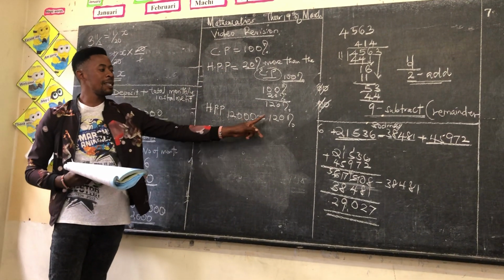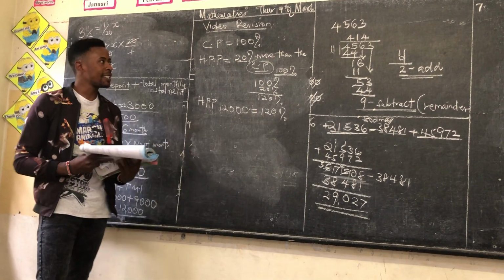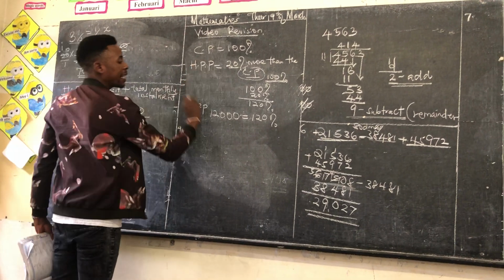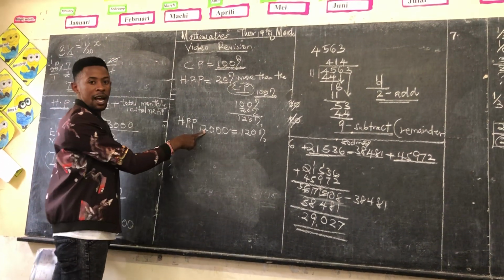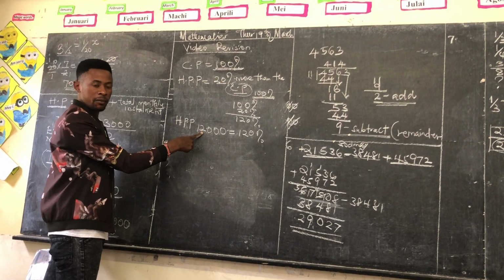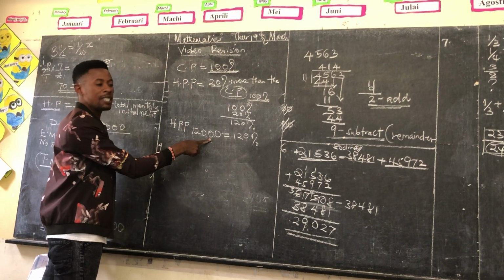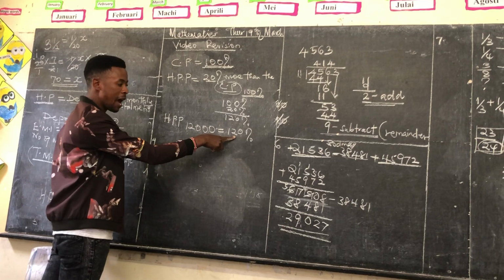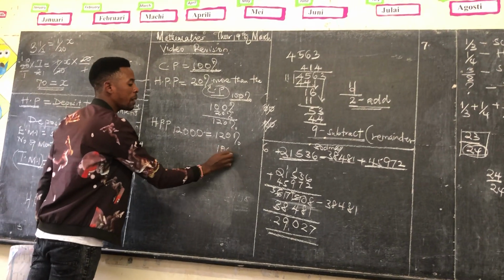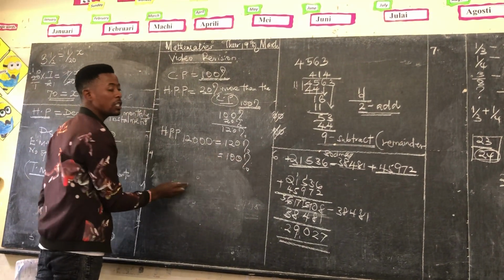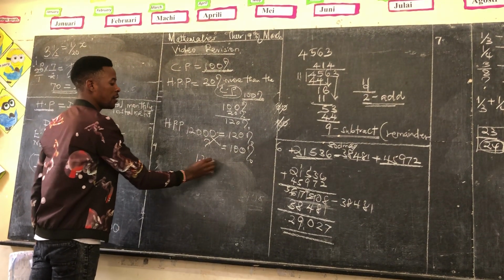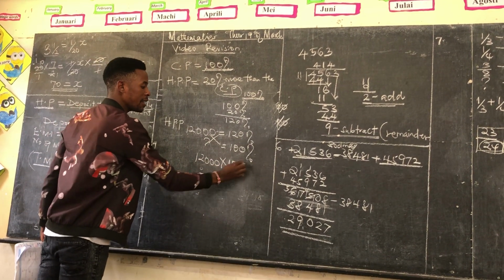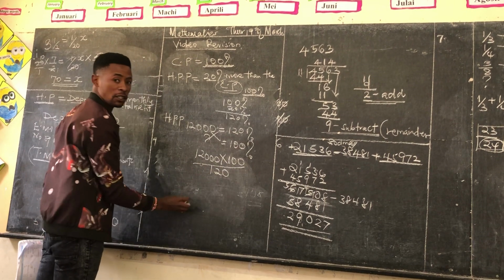So 12,000 is 120%. Now we are told to find the cash price, and the cash price is 100%. So what about 100%, which is the cash price, will be how much? So this is 12,000 times 100 over 120.